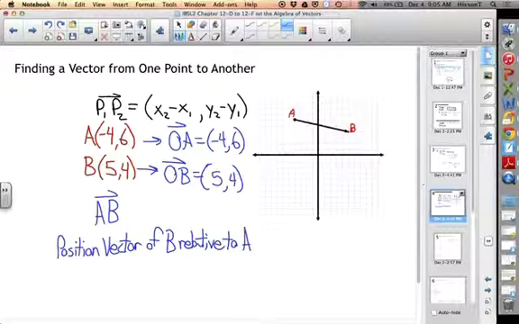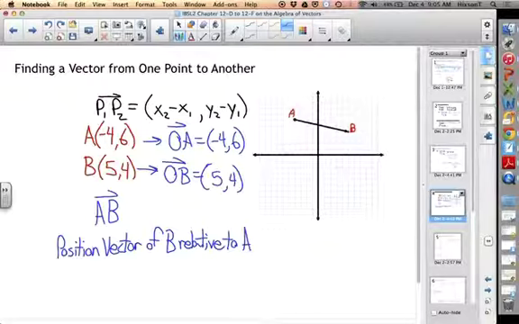Now, the position vector of B relative to A, you see the formula here. Whatever the two points are, you subtract the horizontal component of the second point minus the horizontal component of the starting point.